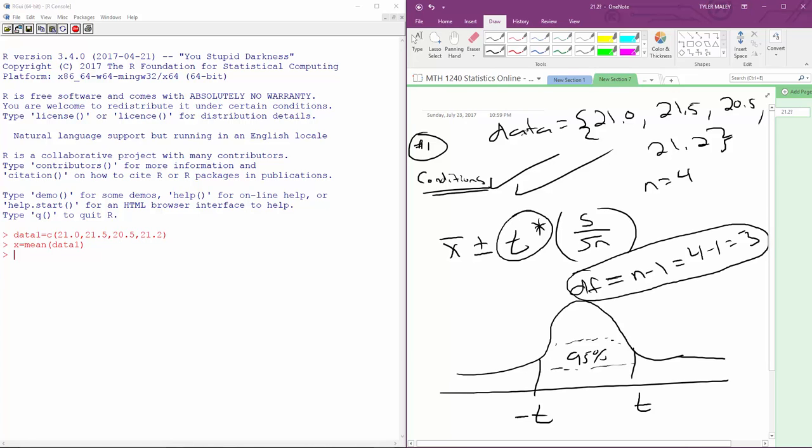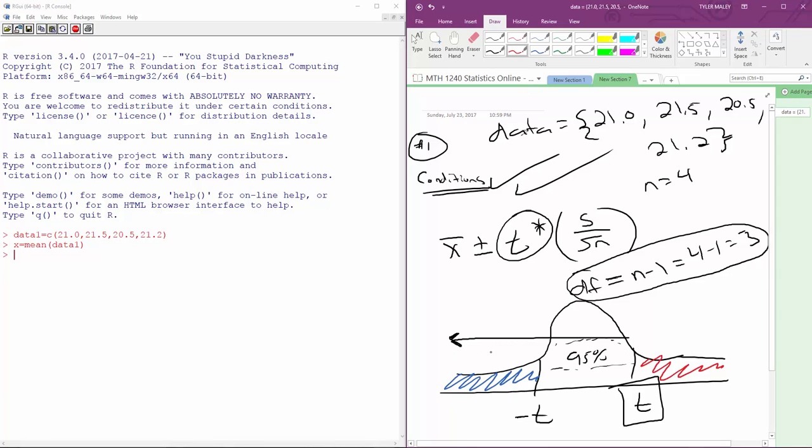So I need to know degrees of freedom. In R, we can find this t value, but what we have to do is input the area to the left of t, and I have to know degrees of freedom. This area to the left wouldn't be 95%, because we have this blue area and this red area, which total 5%.